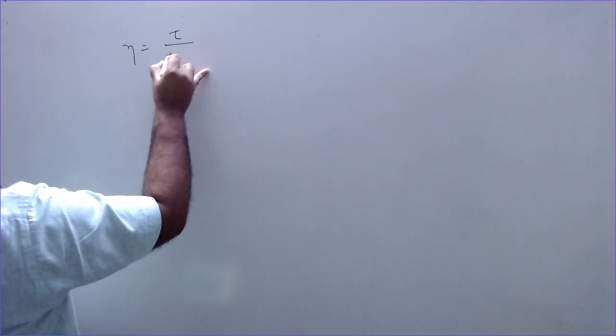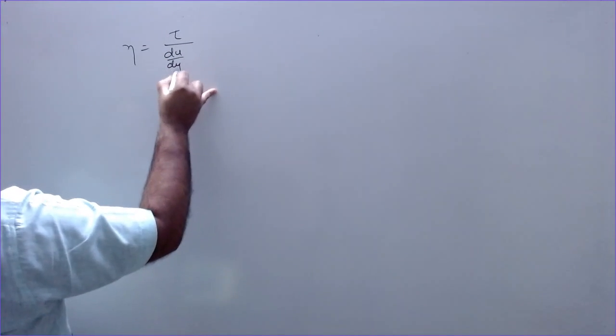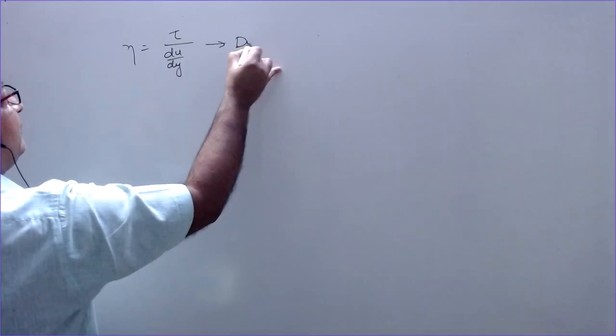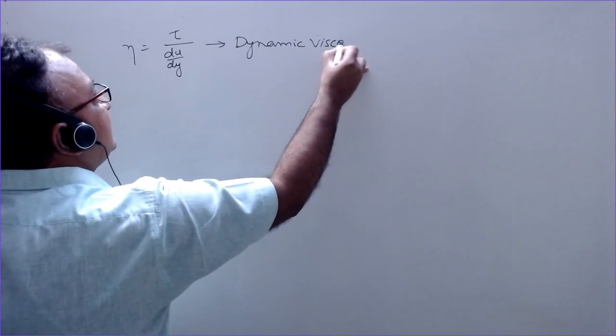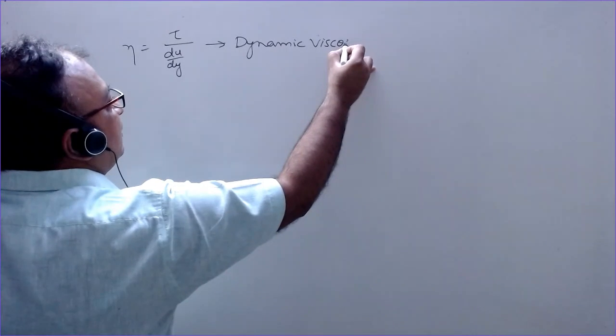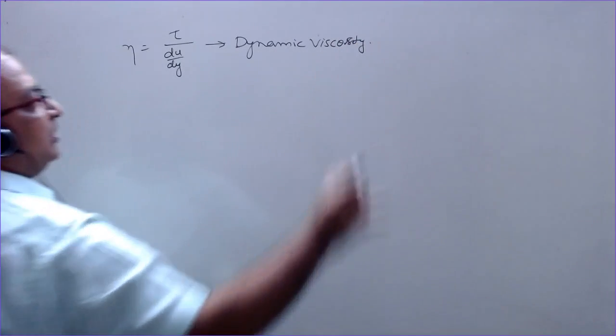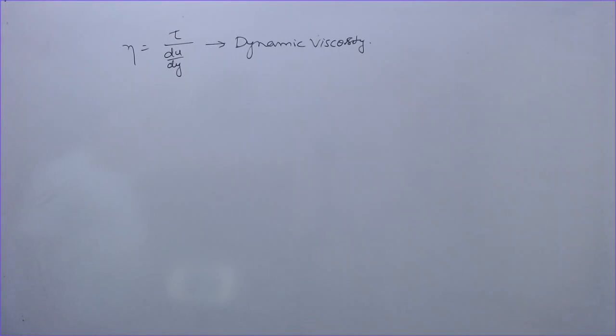Viscosity is defined in two ways. This, as I told you, is called dynamic viscosity. It means if you measure the viscosity when the forces acting on the fluid are considered, it is called dynamic viscosity.